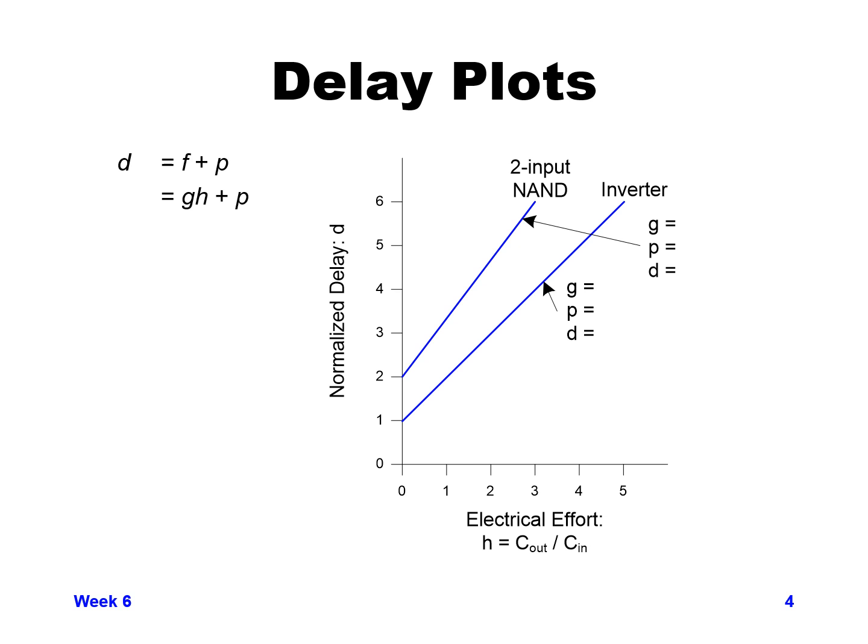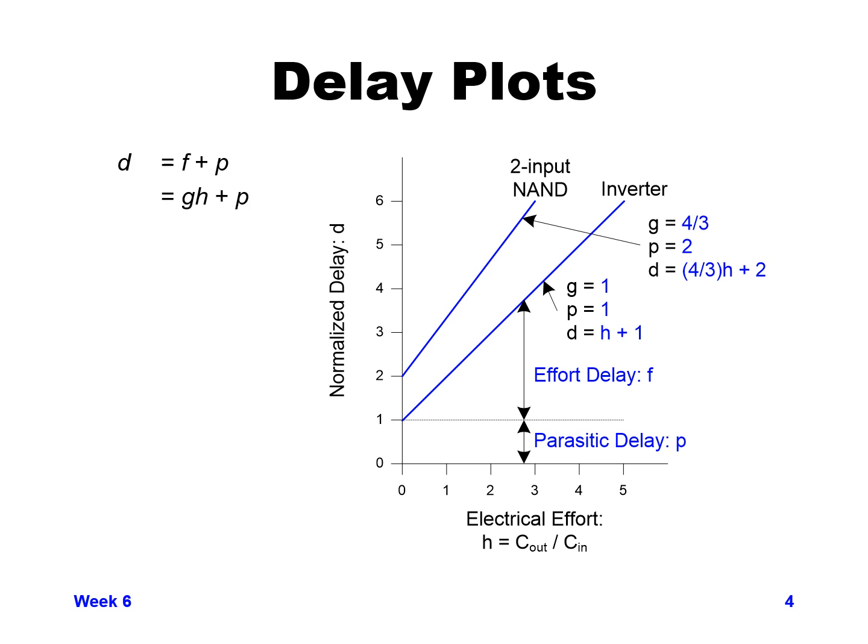So let's go through the values for the parameters of the delay, where the normalized delay again is G times H plus P. So for an inverter, G and P are both equal to 1.